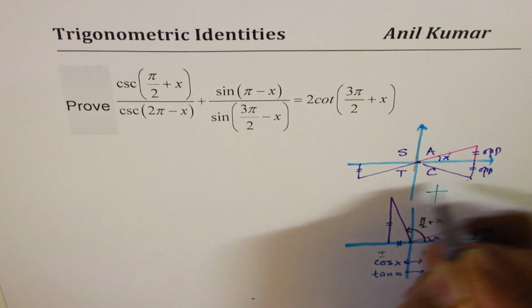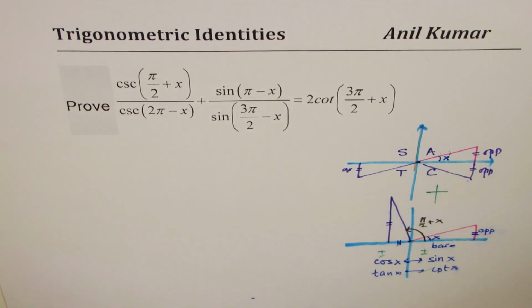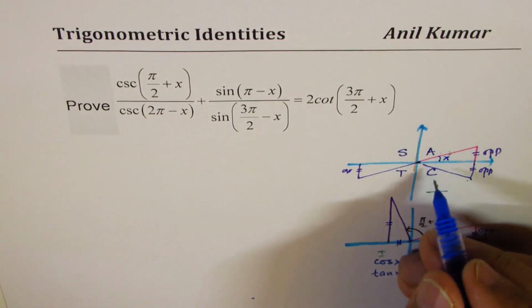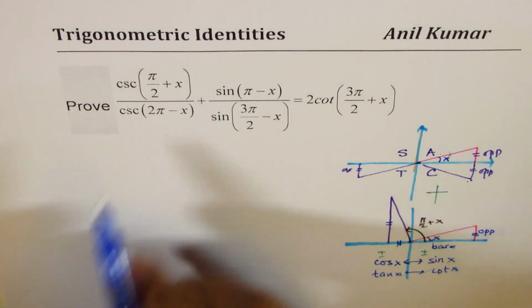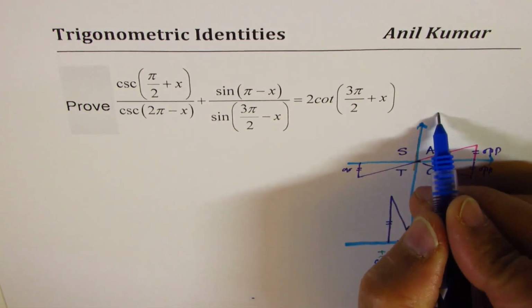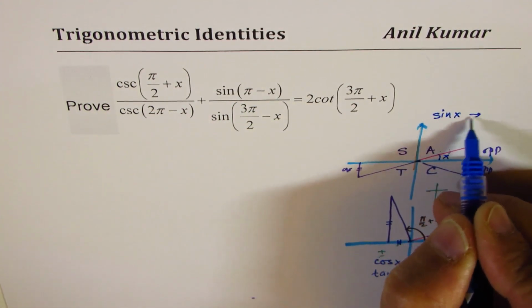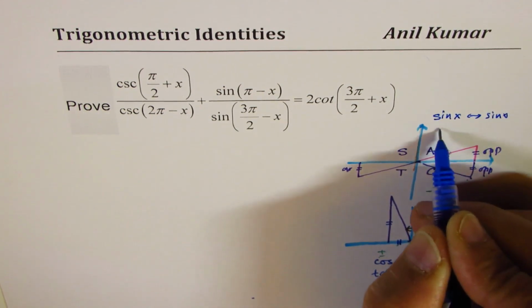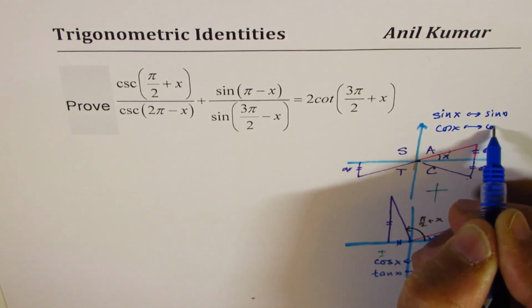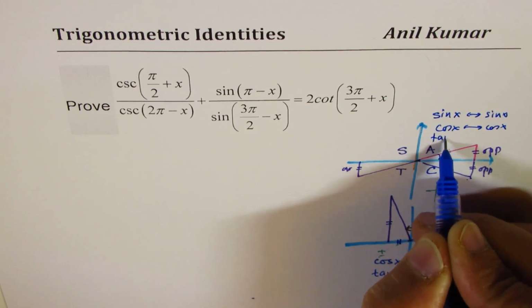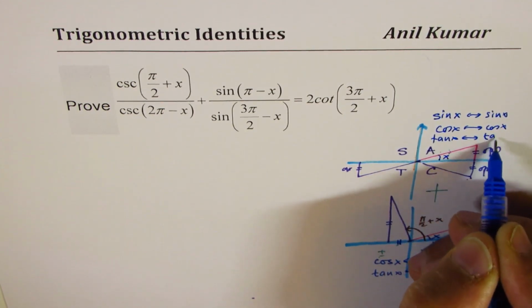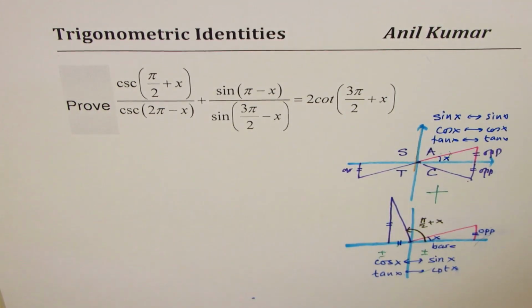All are opposite. So basically, in these situations which involve pi or 2 pi, sine remains sine, right? So sine x will be sine x, cos x will be cos x, and tan x will be tan x, right? The ratio doesn't change. You get an idea, right?